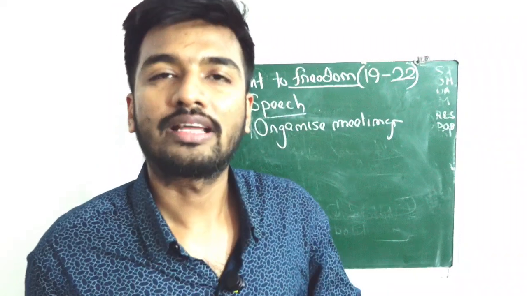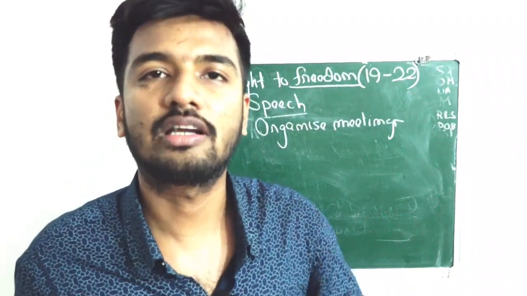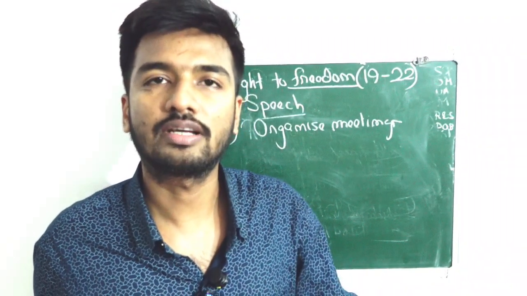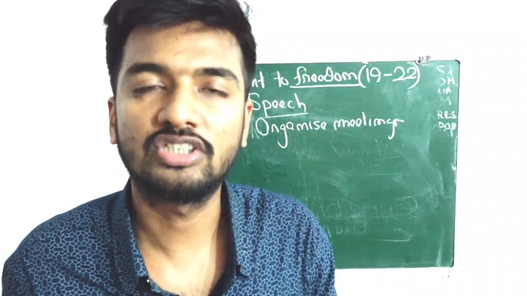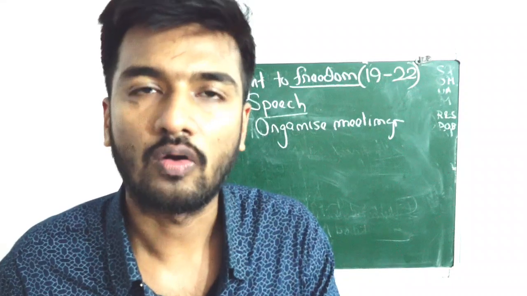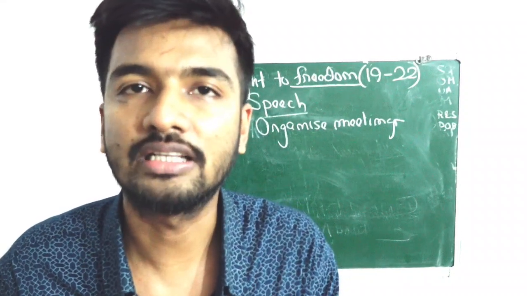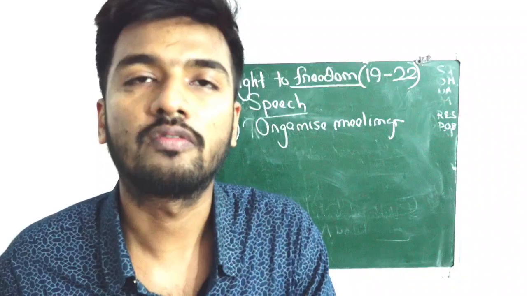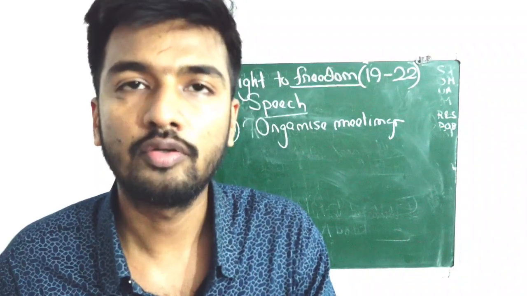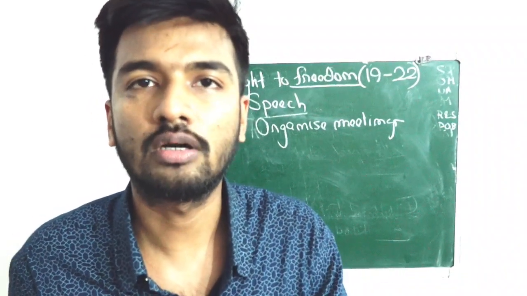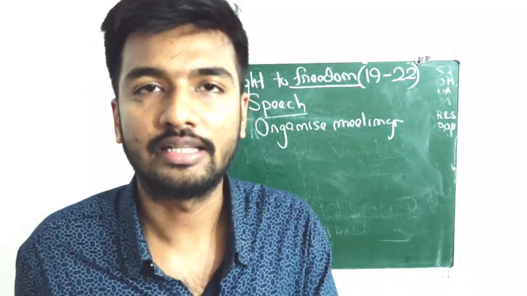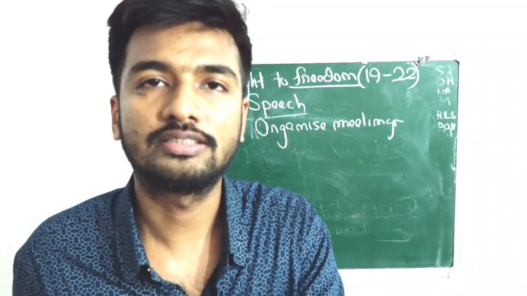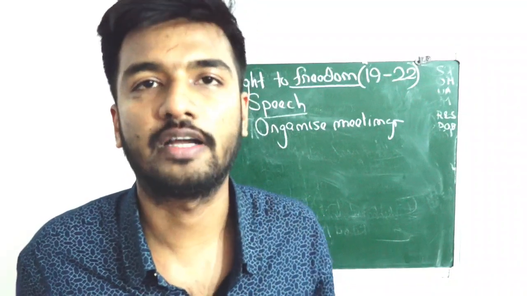You can organize rallies against the government. You can organize rallies for protesting something. But conditions apply. These organizations or meetings should be non-violent. If you use violence, that means you are destroying some other person's fundamental rights. Then your fundamental rights will automatically be nullified.